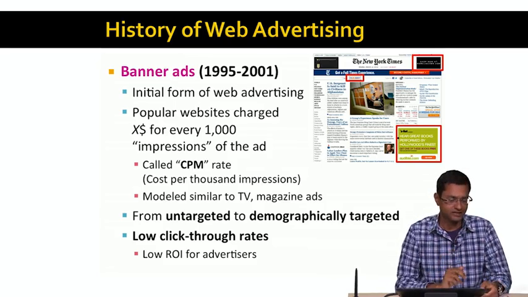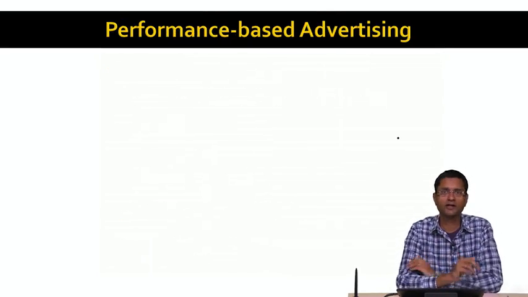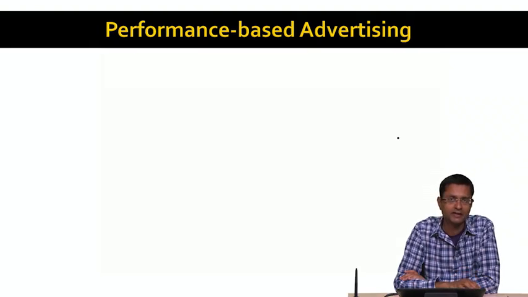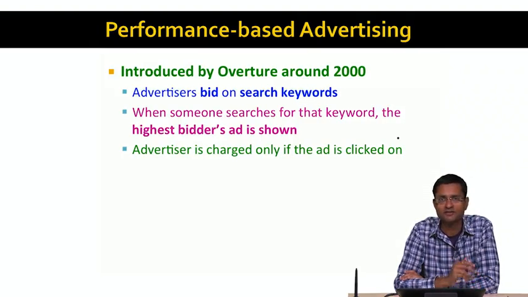Now, all this changed with the advent of a new form of advertising called performance-based advertising. Performance-based advertising was first introduced by a company called Overture around the year 2000. A lot of you may not remember Overture, but it was another search engine that existed around the year 2000.